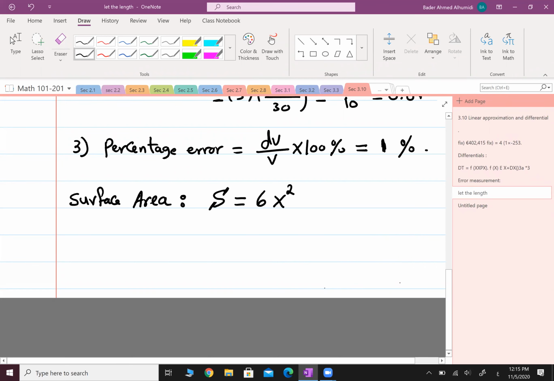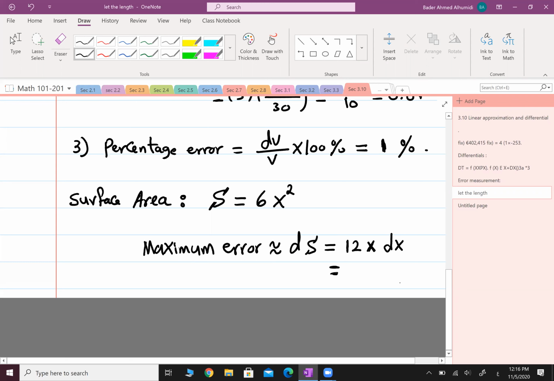What is the maximum error? Approximately equal to what using differential? It is ds. What is ds? It is 12 times x multiplied by dx. So the final answer will be 12 by 30.